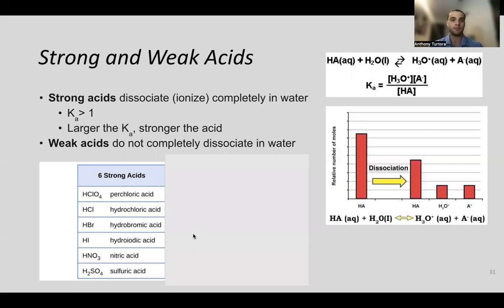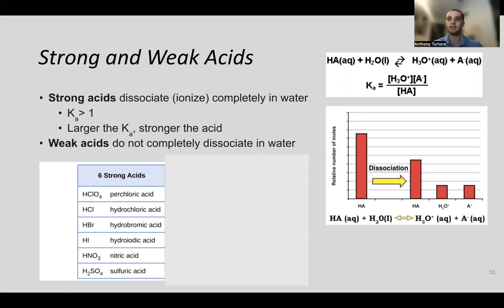All right, so now talking about acids specifically, a strong acid will completely ionize, completely dissociate when dissolved in water. Our Ka value for strong acids will be greater than 1. And as we discussed, the larger the Ka value, the stronger the acid. And then weak acids, on the other hand, do not completely dissociate in water.